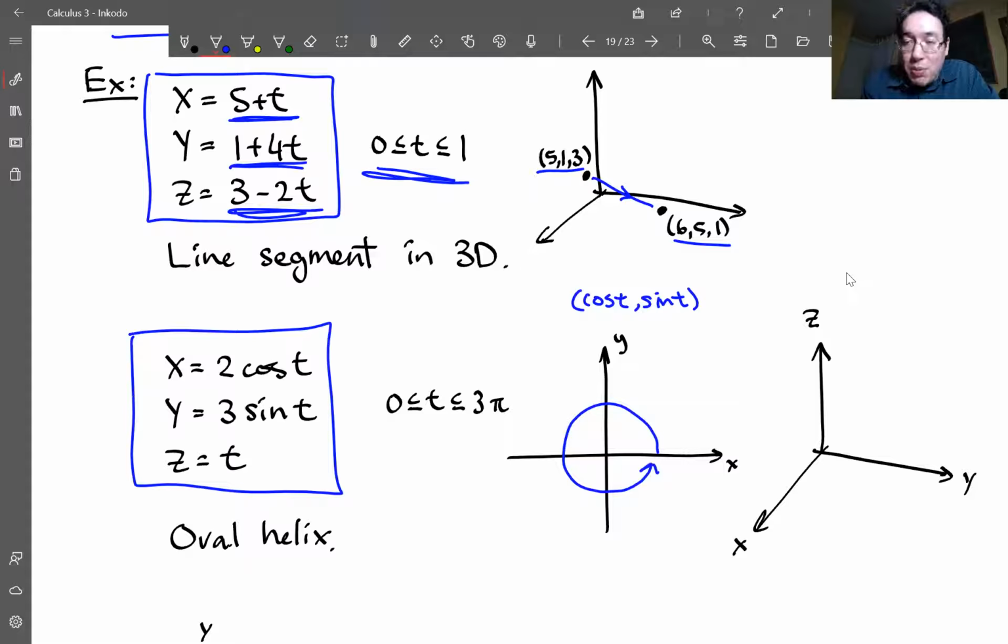That's what that would do for a two-dimensional parametric equation.